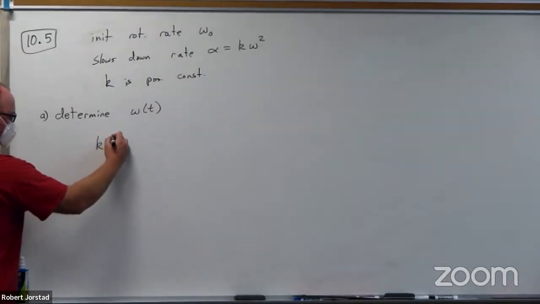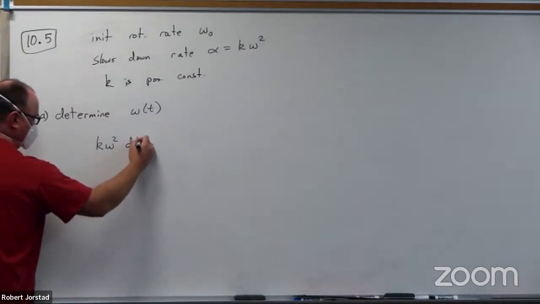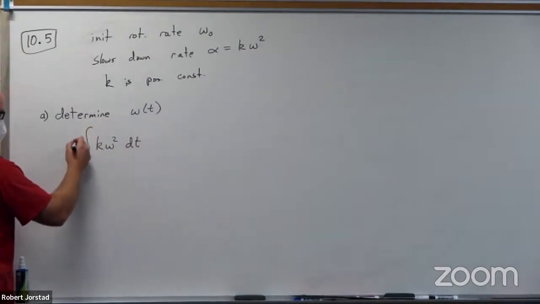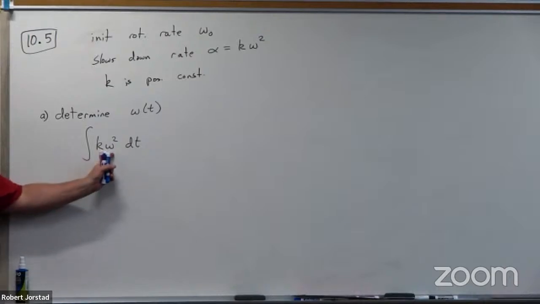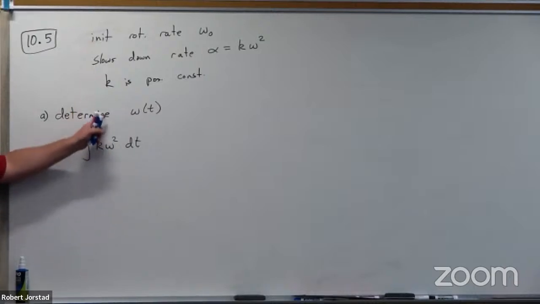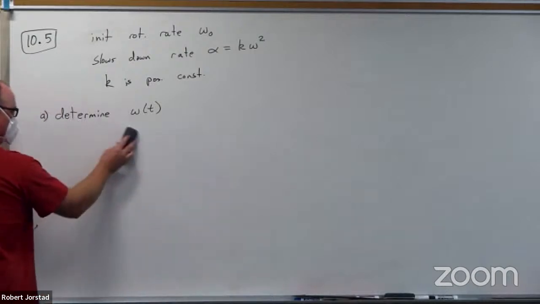K omega squared times, or yeah. Huh. And then you integrate that. Why is that difficult? Omega is some function of time, but do you know the function of time? So we don't have anything to plug. That's what we're trying to figure out. That's not going to work.